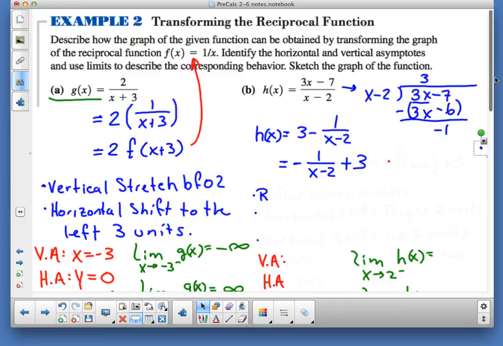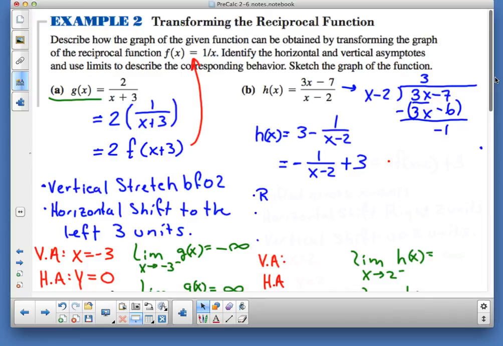Okay, this is going to be giving me information about my function, specifically the transformational form, where I know I'm going to move it right 2 units, and up 3 units on my graph. And incidentally, it's going to tell me my end behavior, horizontal asymptote too, because as I approach negative infinity or infinity, this front term becomes 0, and I add 3 to it.